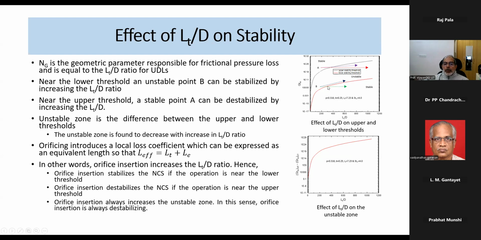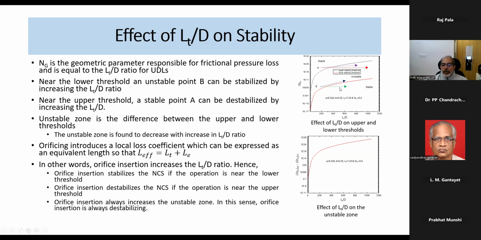And now, if you look at the effect of LT by D, the lower threshold is varying like this, and the upper threshold is going like this. Now, consider this point B, which is unstable, and if you increase L by D, that is, if you add an orifice, what happens?